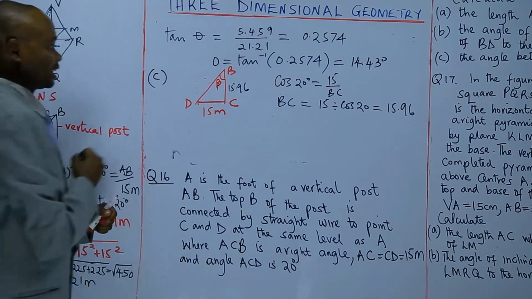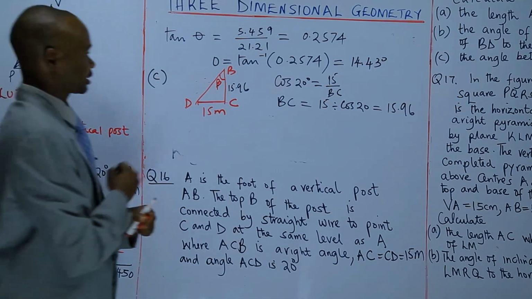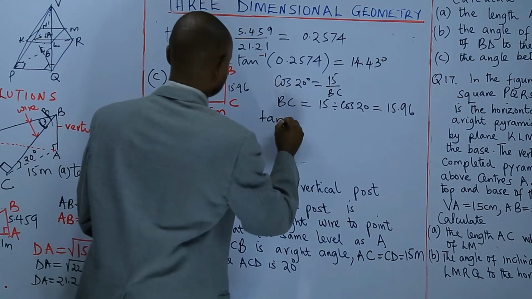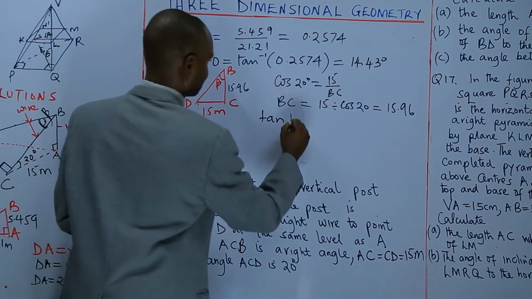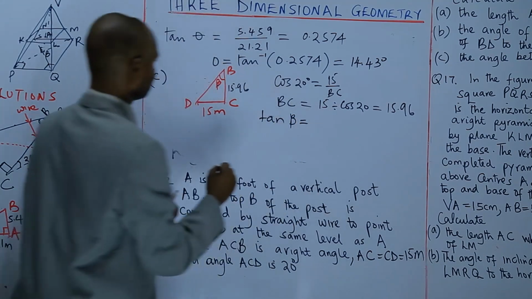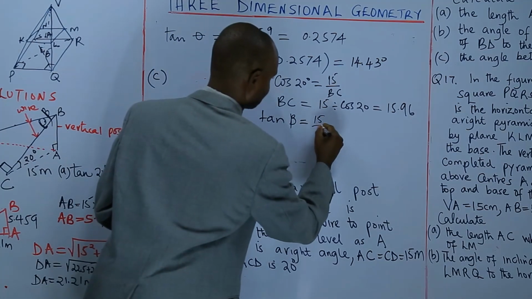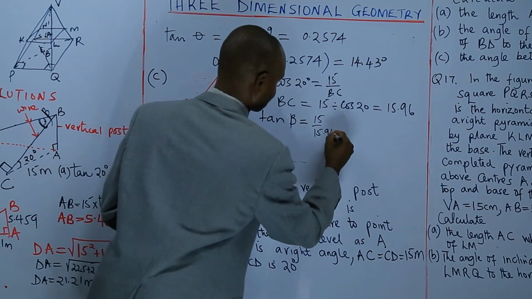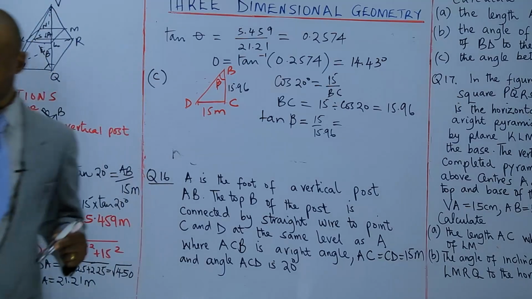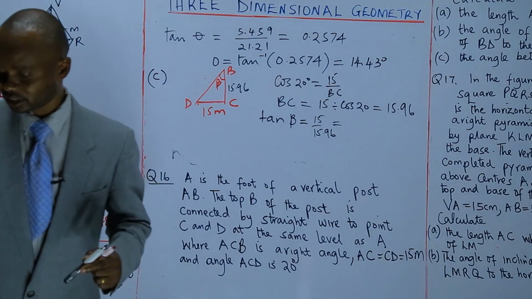So they want that angle. So we'll say tan beta is equal to opposite over adjacent. So that is 15 divided by 15.96. The calculator here is of utmost importance.